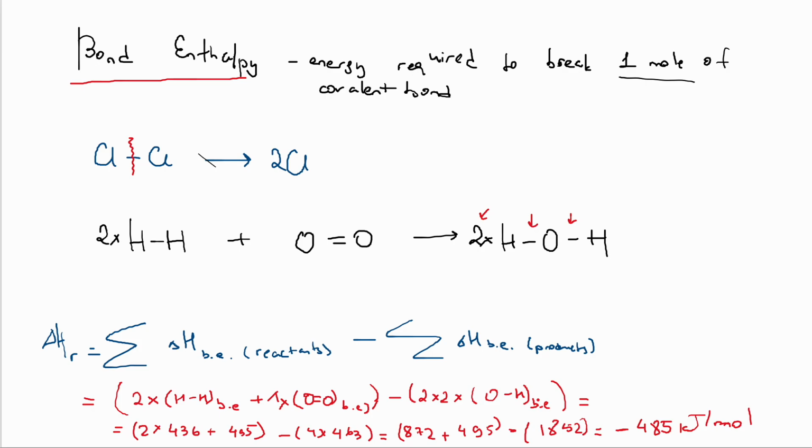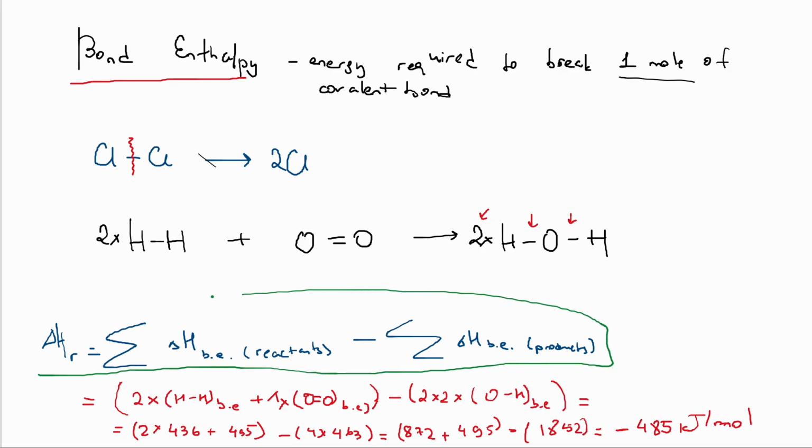For example, for a combustion reaction or a formation reaction, bond enthalpies can be used to identify other enthalpies and so on. So you need to memorize this formula: reactants minus products in the case of bond enthalpy.